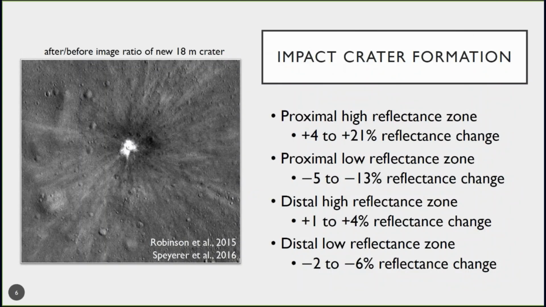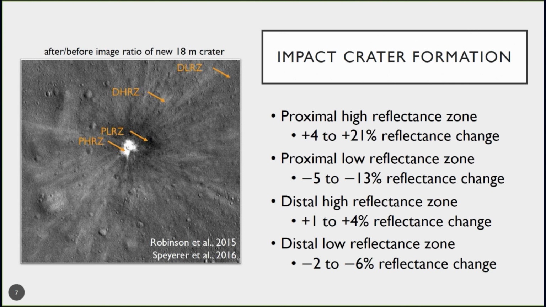So one of the things that was discovered when we first started looking at these impacts, this is an example of a temporal ratio image, similar to the one that Brett showed earlier, of an after image divided by a before image. And from that, you can see that there are 4 different zones identified around that crater. If we go to the next slide, I actually added arrows to indicate where those are located.